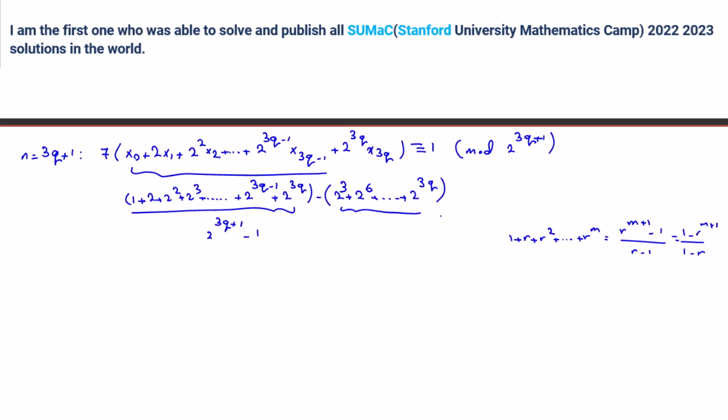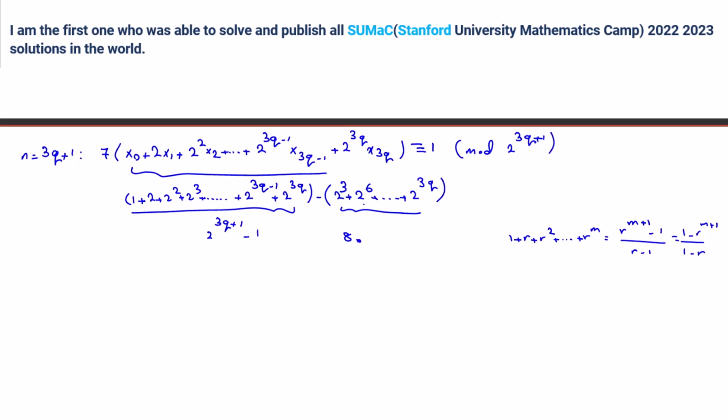What about this one? That one would be 2 to the 3q plus 3 minus 1 over 7, but minus 1 because it's not started with 1. Right? Because we should start with 1. Agreed? Or you can say we factor out 8.